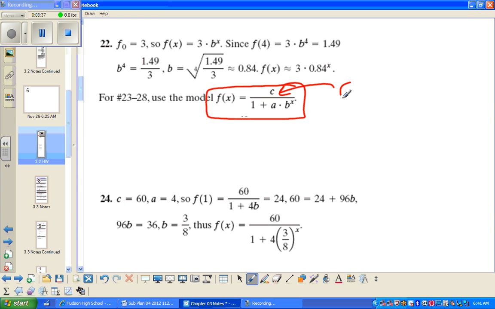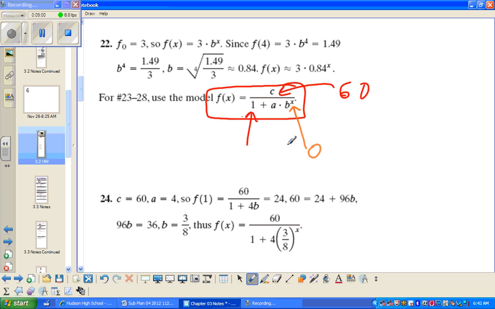You're going to plug in 60 for C. You always have a 1 here, so that's not changed. Now you're also told that your initial value is 12. Well, your initial value means that you would plug in a zero here for x. Anything raised to the 0 is 1.